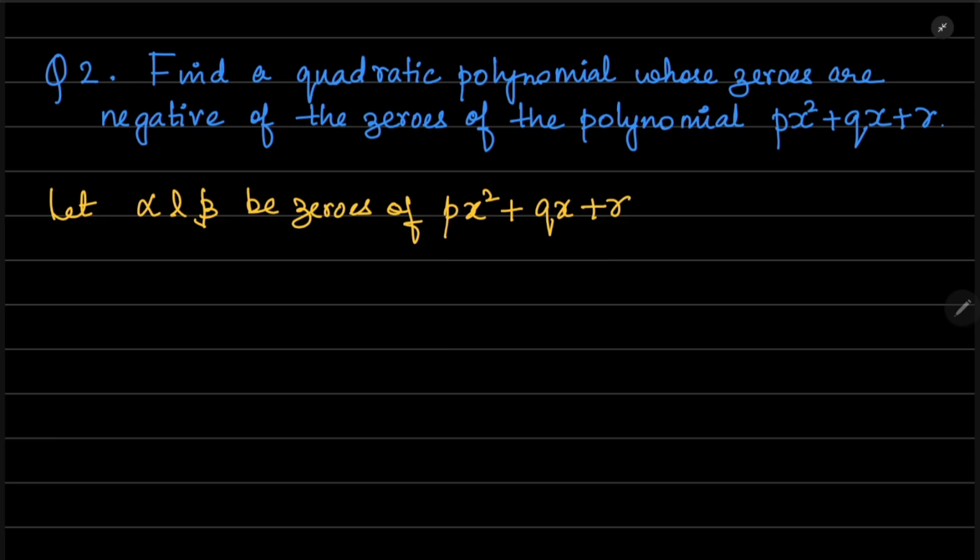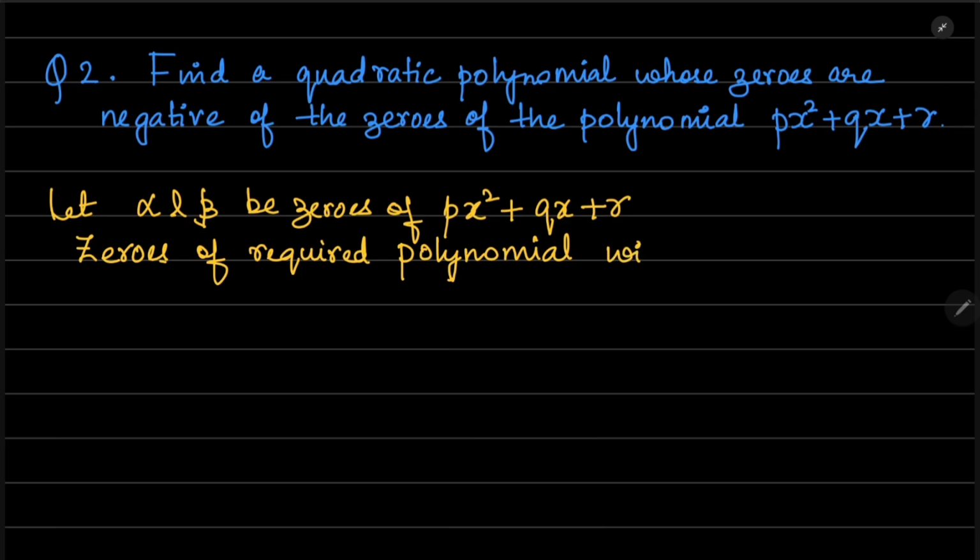The zeros of the required polynomial will be negative of these zeros, so they are minus alpha and minus beta.